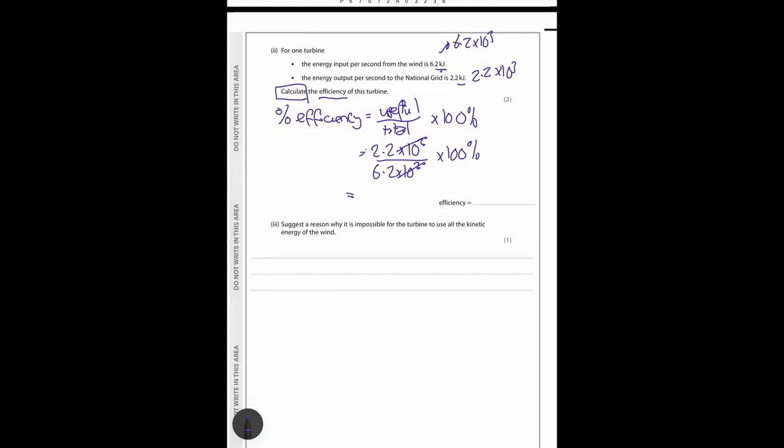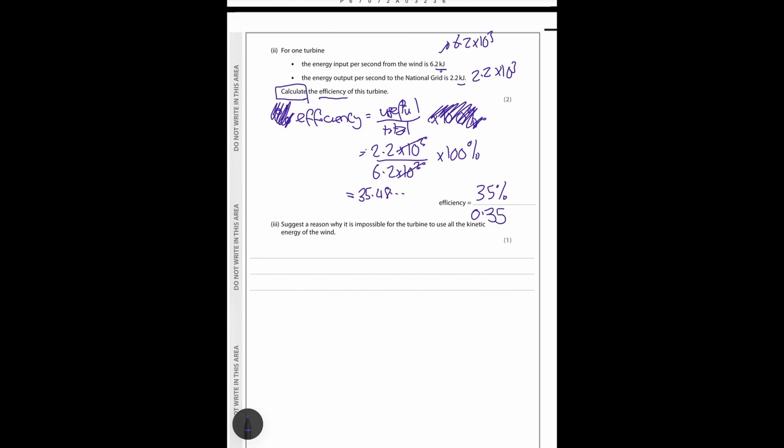Okay, now obviously I'm going to put this in my calculator. Always write the full answer, so that is going to be 35.48 and so on, and then always round to two significant figures, so this is going to be 35%. Another thing that you might have done is, if you didn't do percentage efficiency and just said efficiency is useful over total, you don't have to multiply by 100%, and instead of 35% you would say 0.35.